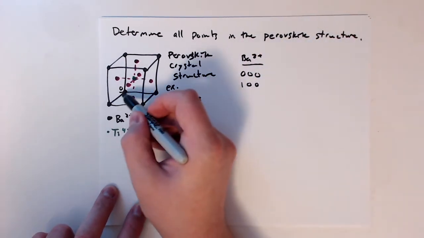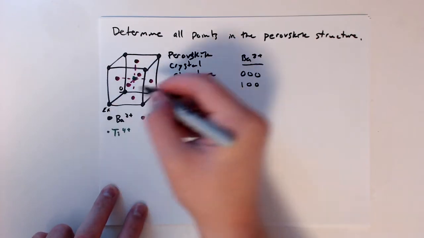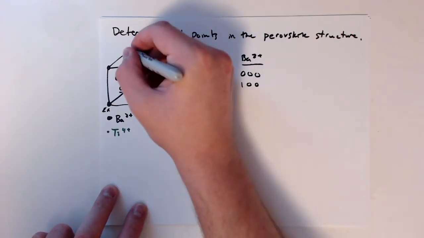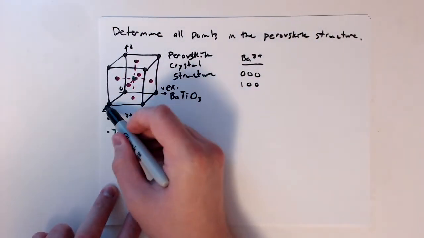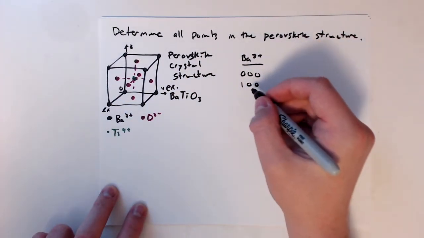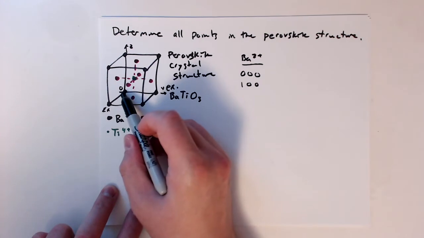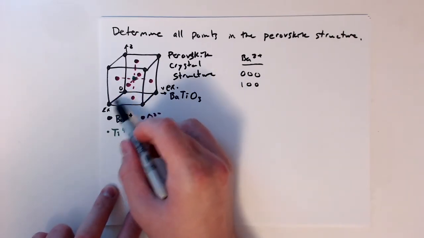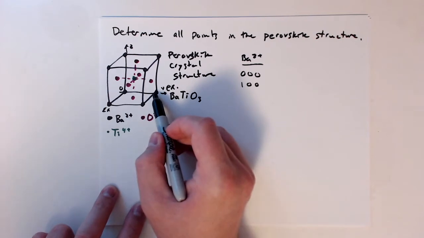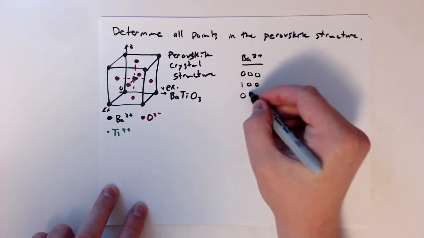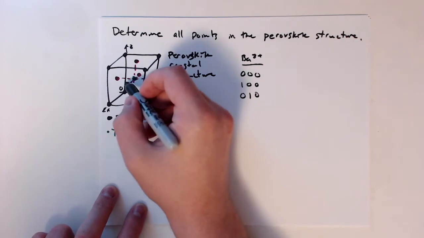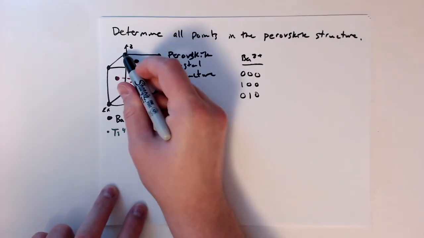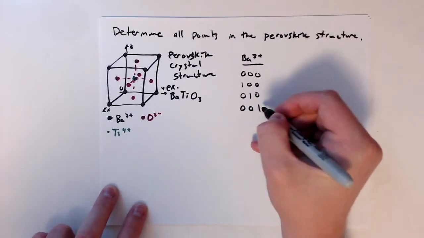If this is the x direction, y direction, z direction, then this point is 1, 0, 0, right? So that's where I get that. I can also look at this point over here as 0 in this direction, 1 in this direction, and 0 up there, so 0, 1, 0, and I can do all of those as well. So I can do 0, 0, 1, which is that point up there.